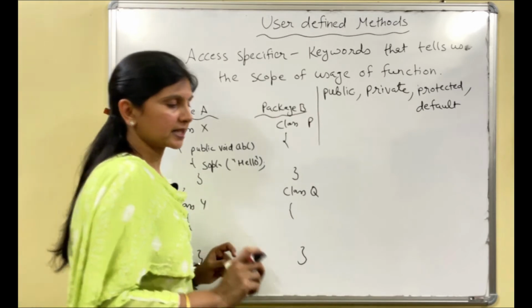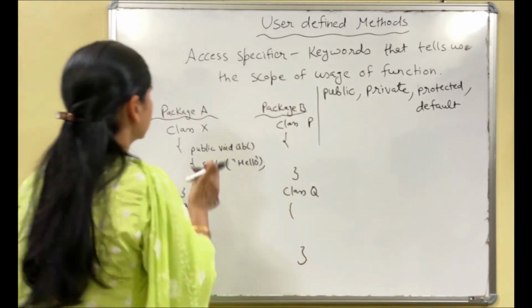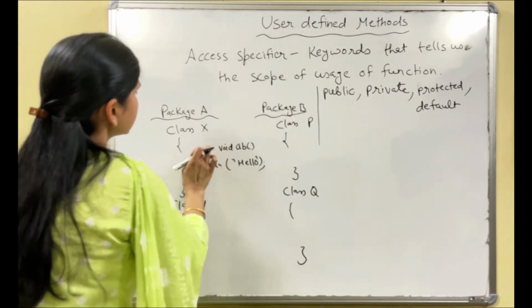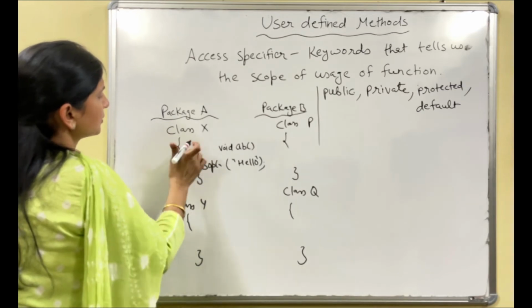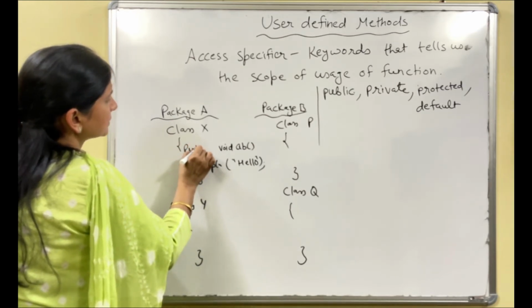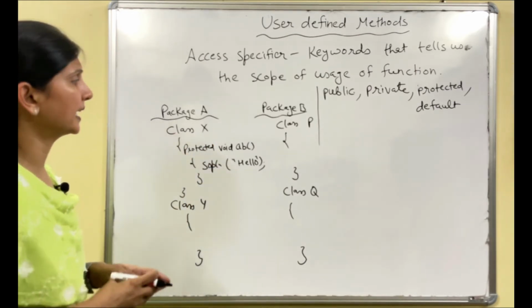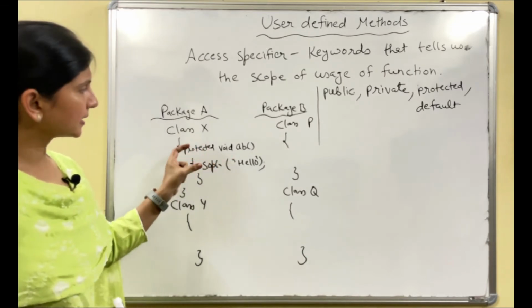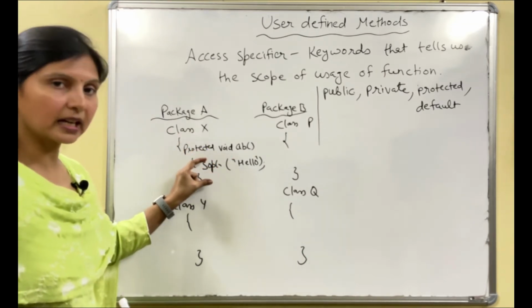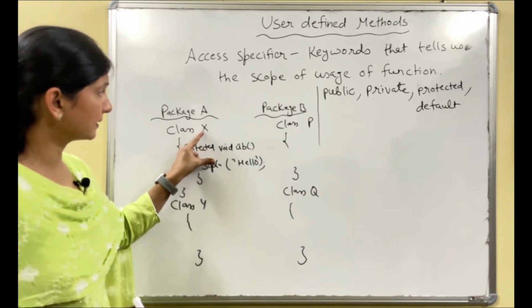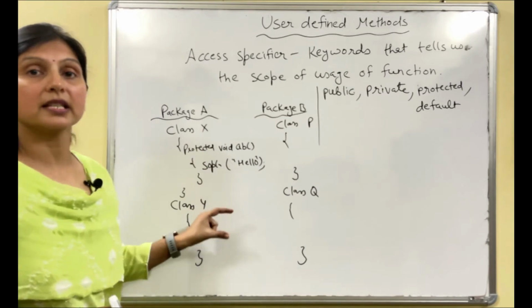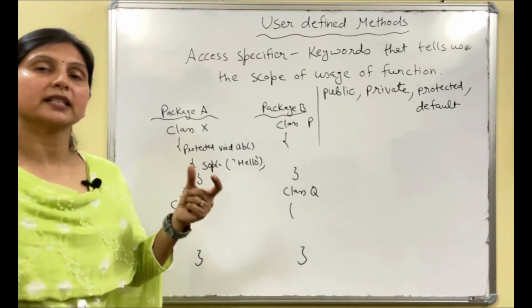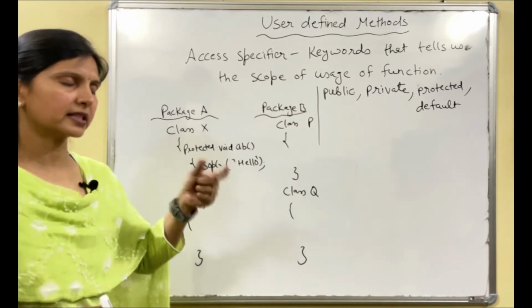Now the second access specifier is protected. Protected we will use in inheritance. So protected means if the method is declared protected, it can be accessed within the class in which it is defined, like class X, and in other subclasses. Fine. In inheritance, we create subclasses from a superclass, so we will study that later.